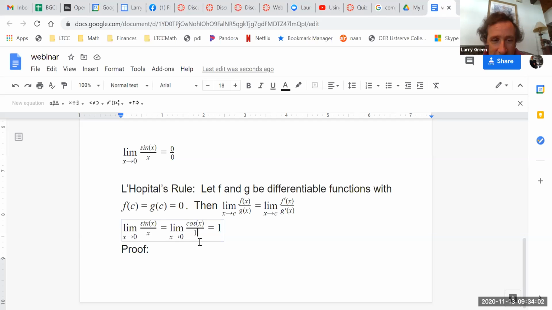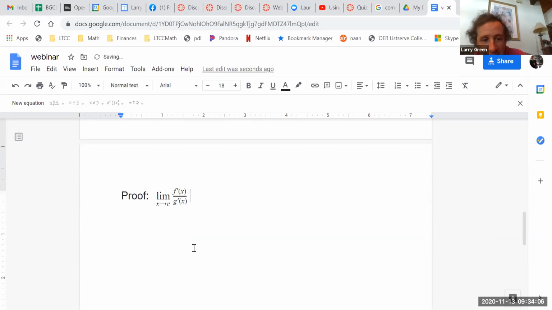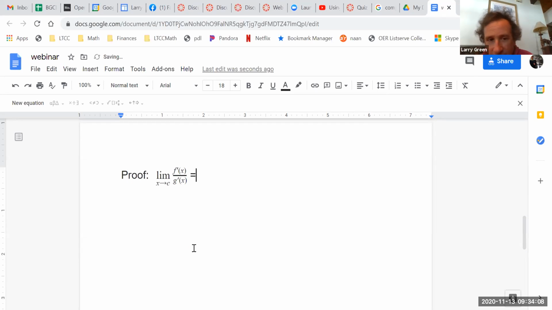So I'm going to copy and paste the right-hand side, and I need to arrive at the left-hand side. All right, so the idea here is this limit as x goes to c of f prime of x over g prime of x is equal to the limit as x goes to c. Well, let's see what f prime of x is.